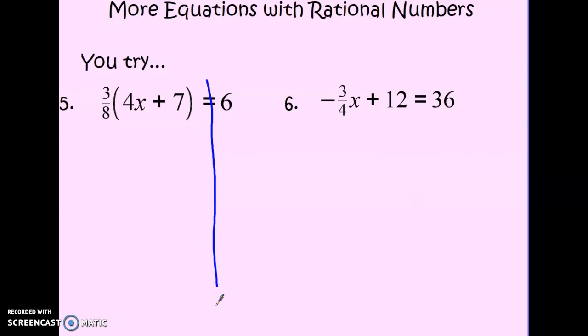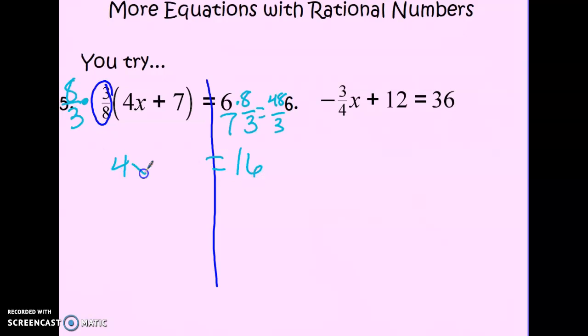All right, so our first step, we are multiplying again by this 3/8. So to undo that, I'm going to multiply by 8 over 3. Okay, so that's going to give me 48 over 3, which is 16. So I'm left with 4x plus 7 equals 16.